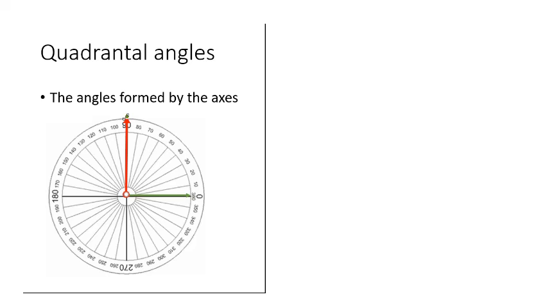So 90 is a quadrantal angle. 180 is also a quadrantal angle, as we're using the axes to form that particular angle measurement. Also, 270 is a quadrantal angle, and so is 0 or 360 degrees. Those are all quadrantal angles.